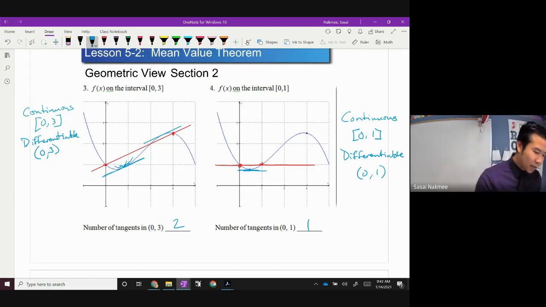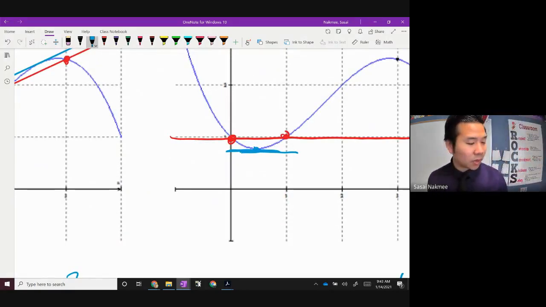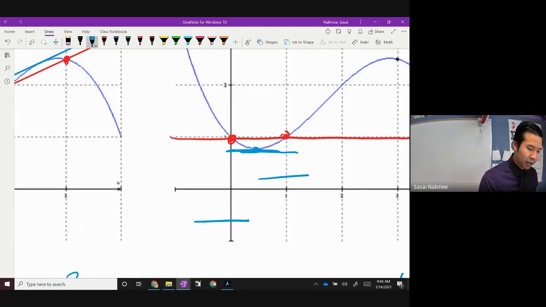If I'm looking at this function from 0 to 1, this blue line that's curved right there, how do I know it's continuous? When you're looking at a graph, it's easiest to tell if it's continuous if it doesn't have any holes, it doesn't have any jump discontinuities, meaning it doesn't go from like here to here. That's not continuous.